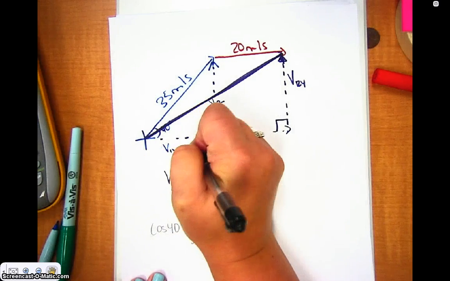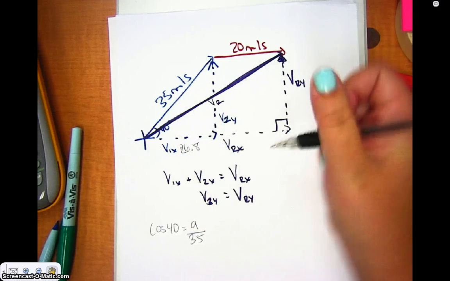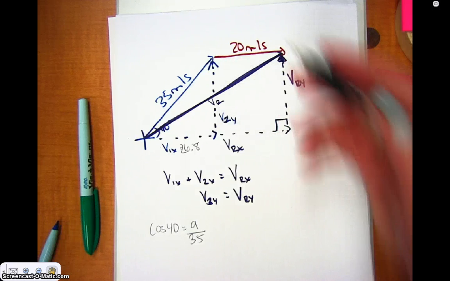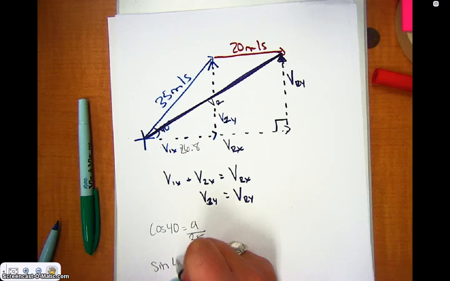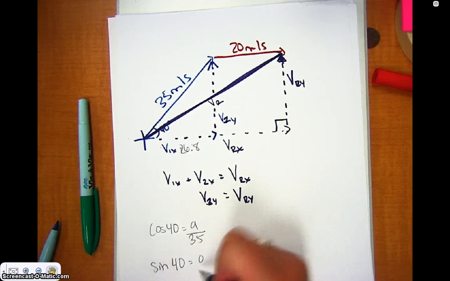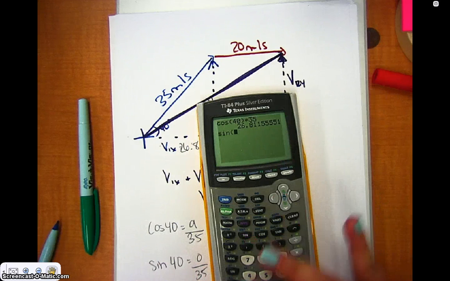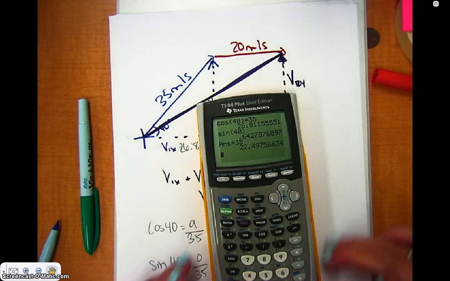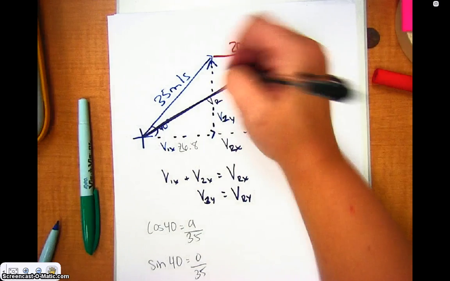So 26.8 is my vector to the right. Then to figure out my y component, I would use the sine of 40 is equal to the opposite over 35. So the sine of 40 times 35, and I get 22.49. So 22.49 up.